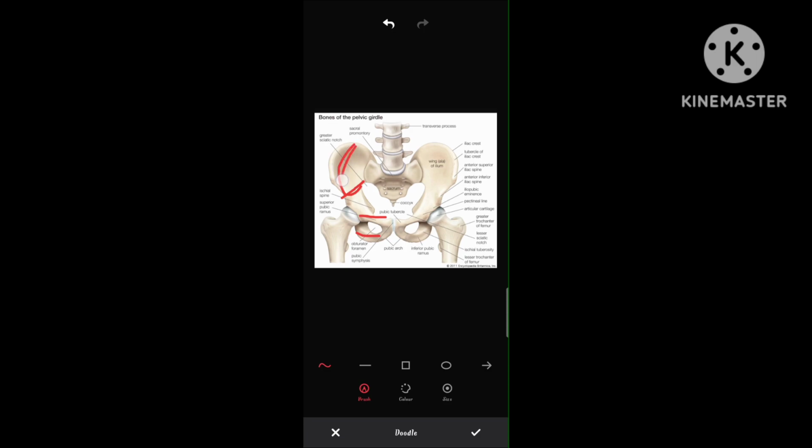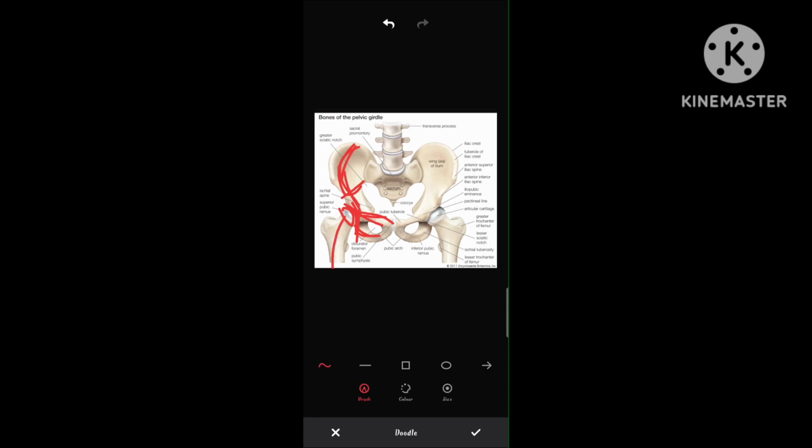These three parts are fused and form a cavity known as the acetabulum, through which the head of the femur is articulated.